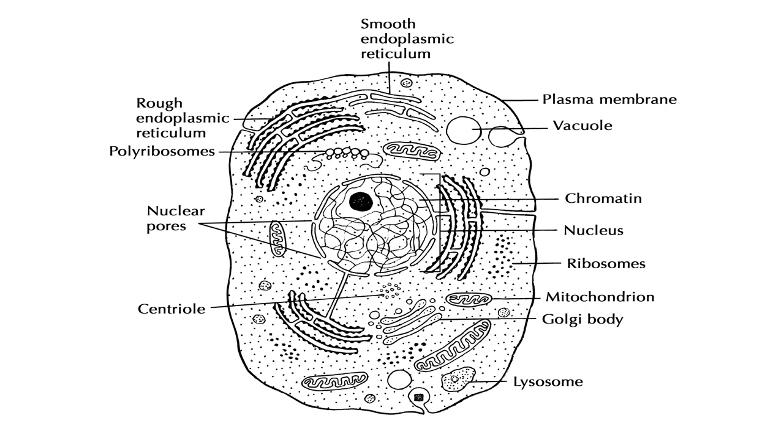Here you can see the clear diagram of an animal cell. So finally, we know that the nucleus is the largest organelle inside the cell, which is common for plant and animal cells. And these rough endoplasmic reticulums are always found attached to the nucleus. And this is smooth endoplasmic reticulum.